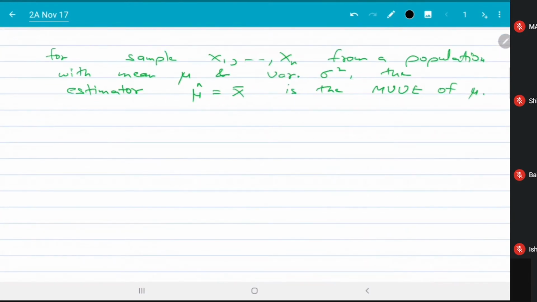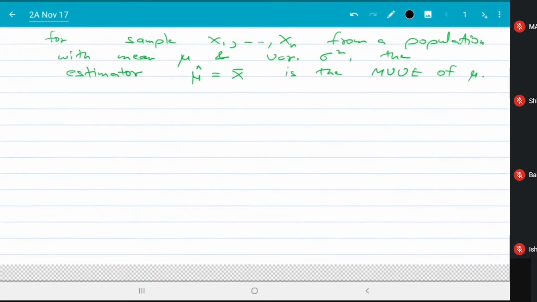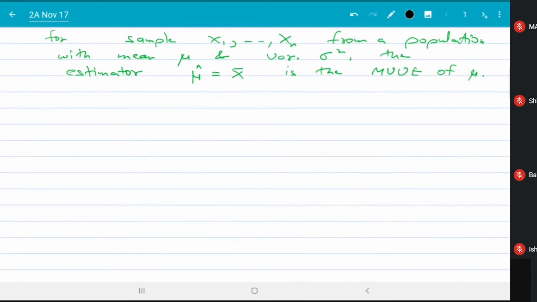And the last thing: even if we can figure out which estimator has the minimum variance, we still need to know, or the readers of the analysis would still like to know, how good is the best.